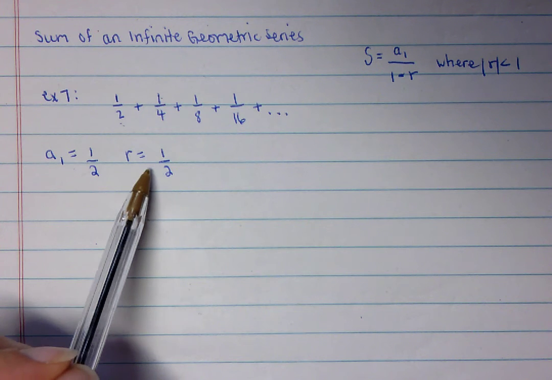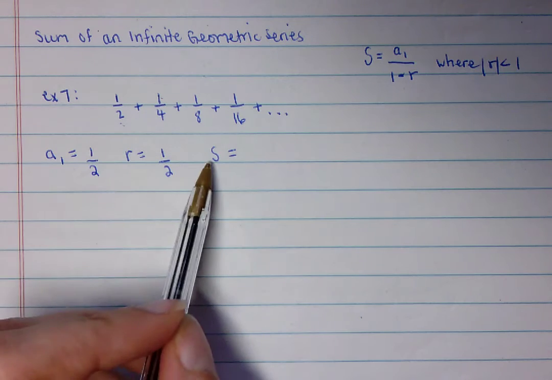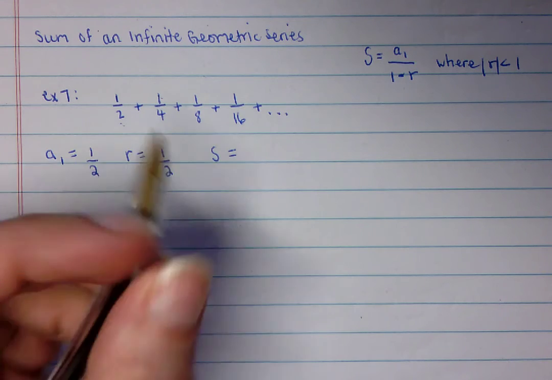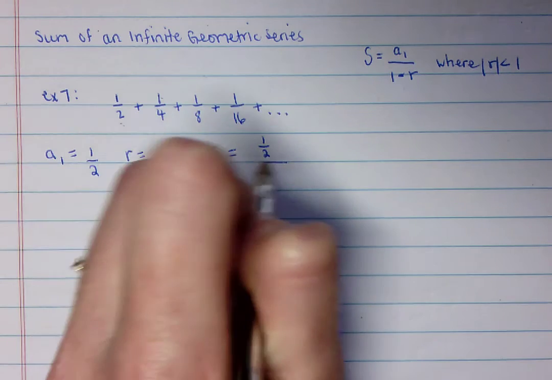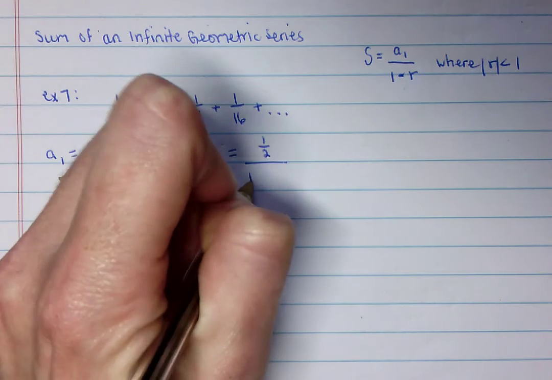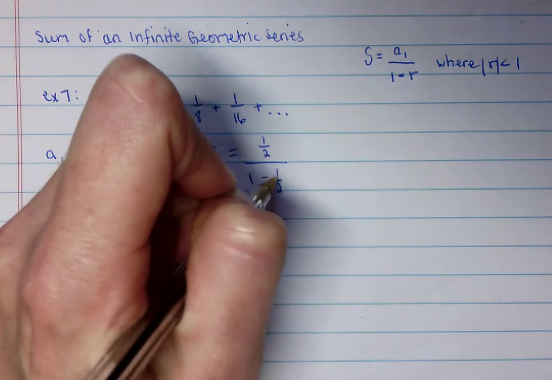For this one, to find the infinite sum, we would be doing 1/2 on the top divided by 1 minus r, and r is 1/2.